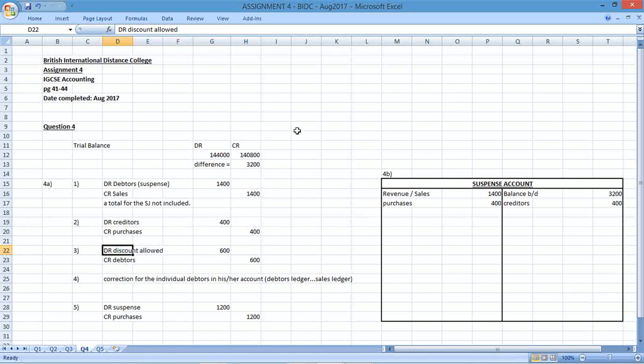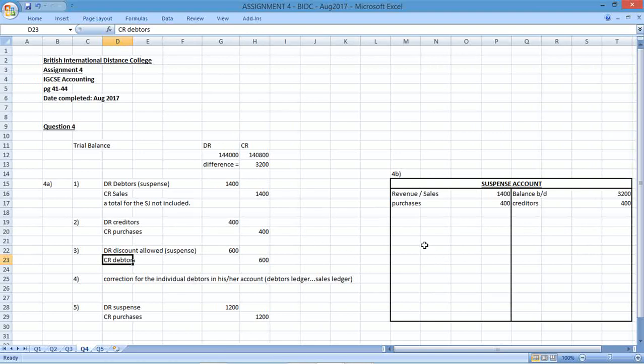So when we've got a missing debit, it needs to be allocated, because the total of the discounts allowed for March, the discounts were allowed, that is an expense.